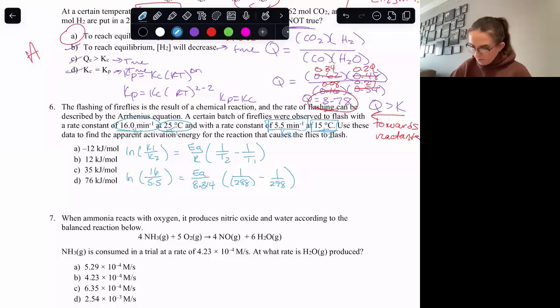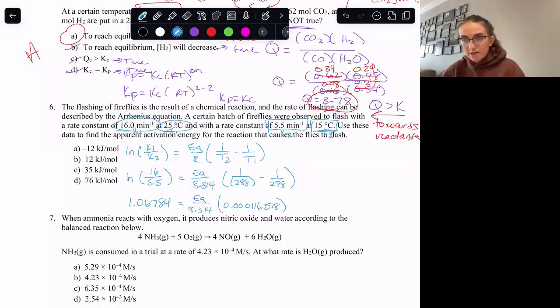So then I would do this so that it's 1.06784 equal to EA over 8.314. This becomes that small number there. I would then divide by 8.314.